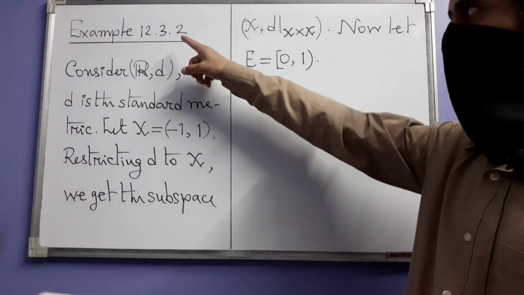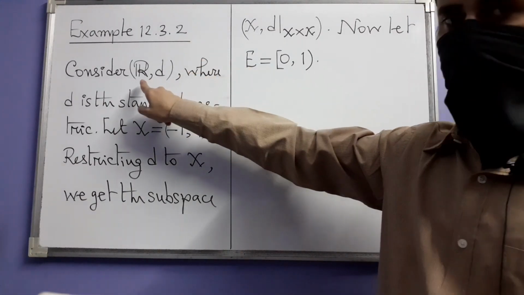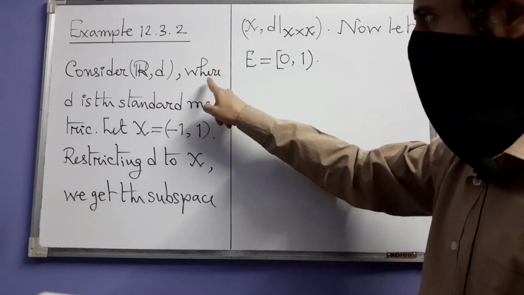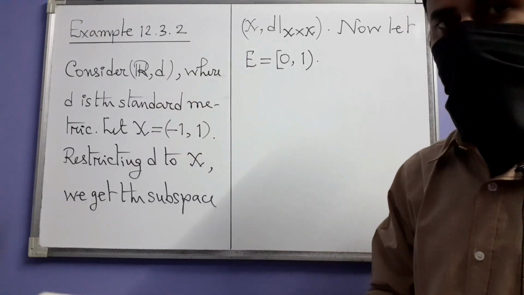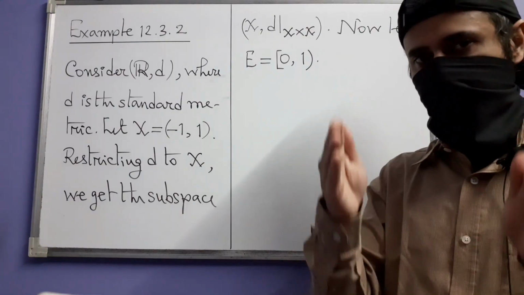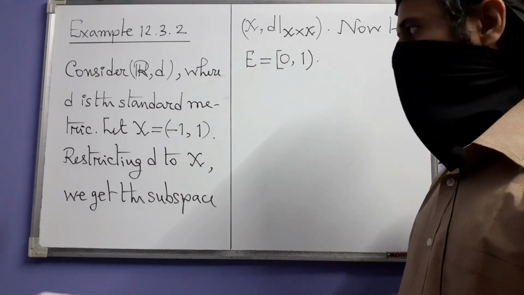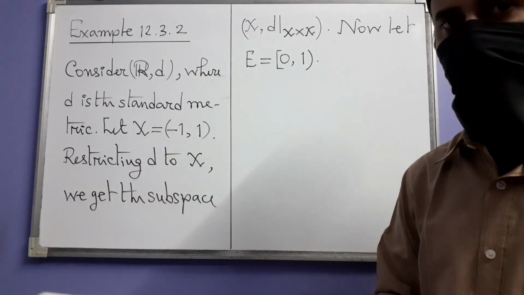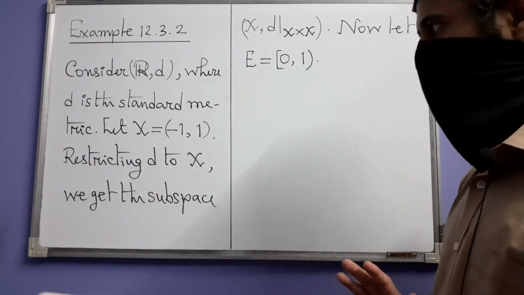Next we have example 12.3.2. Here we are considering the usual metric space of real numbers, where D is the standard metric, that absolute value metric. And then we consider the subset X, which is this ordinary open interval (-1, 1).